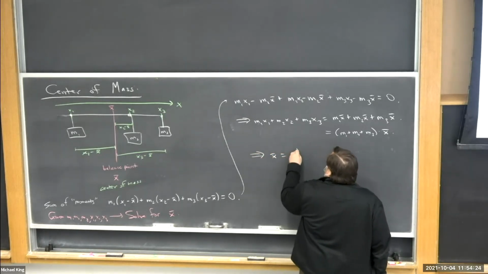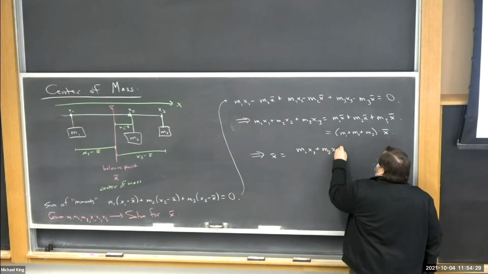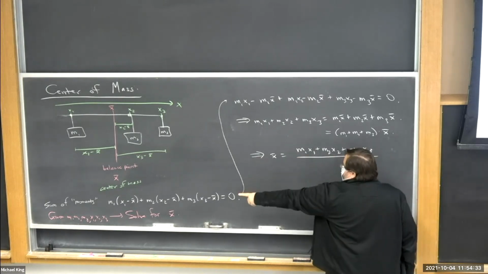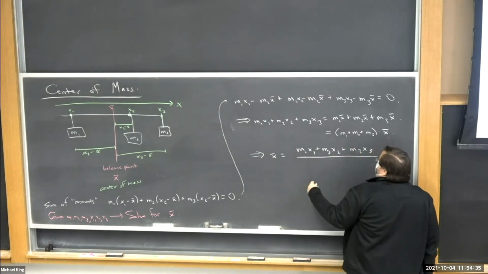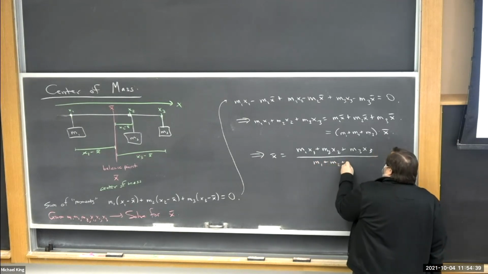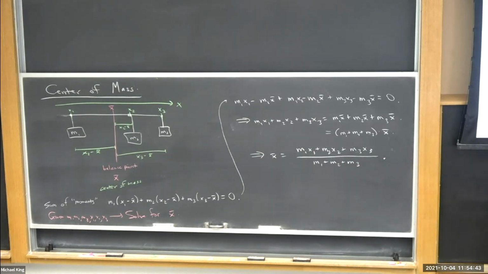X bar is, so there is this formula, but the physical principle it comes from is the balancing out of the moments, the balancing out of the mass times distance. So if we solve for it, that's what we would get.